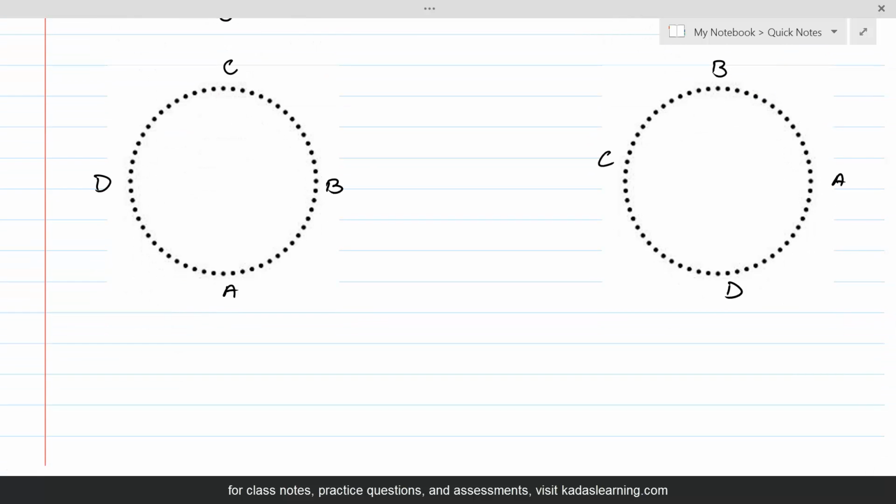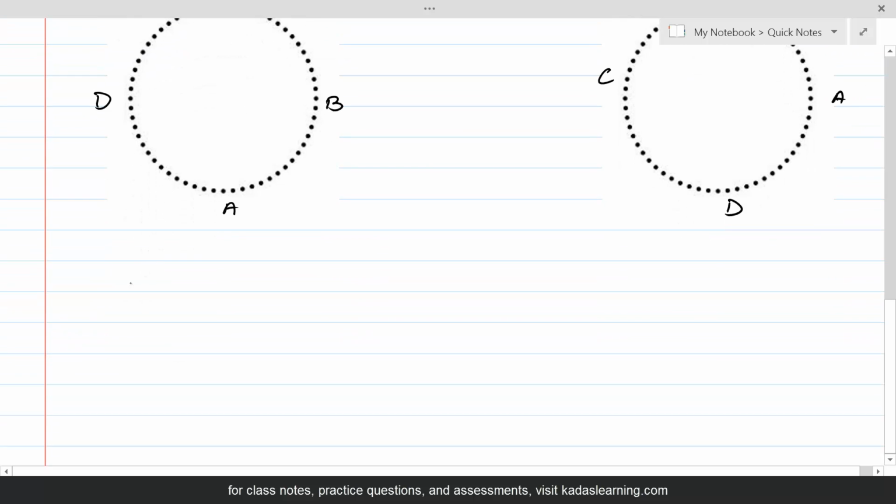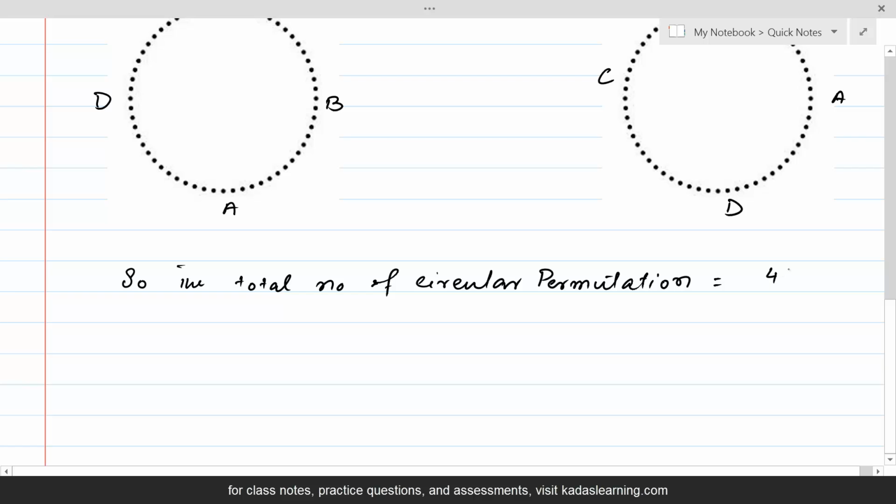Therefore, the total number of circular permutations would be equal to 4 factorial, just like before, divided by 4.